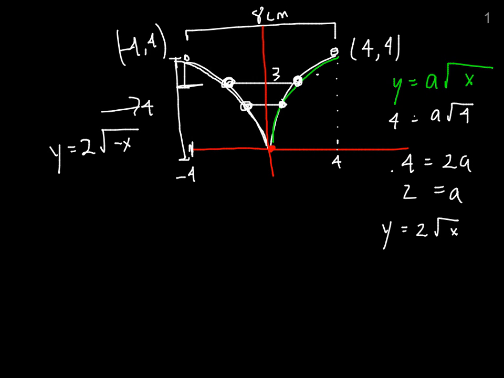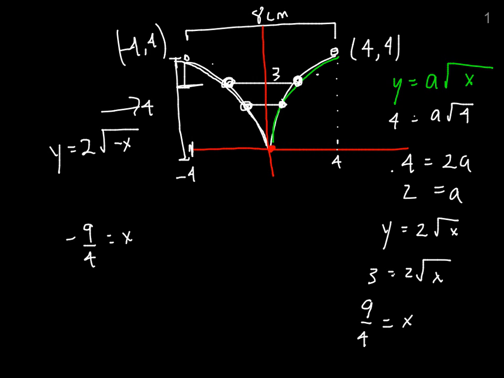So if that's 3, then y is 3, but you're looking for x. So you plug 3 into here. We have 3 equals 2 times the square root of x, and you solve for x. Basically what that gives you is 9 over 4 equals x. And if you try that on the other side, you'll see you'd get negative 9 over 4 equals x.